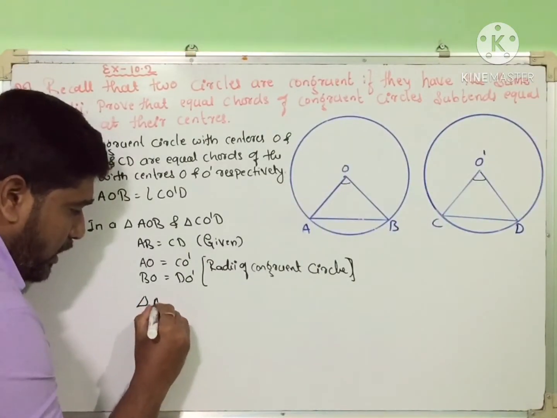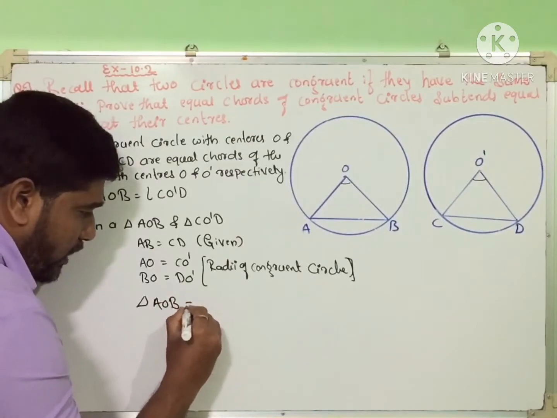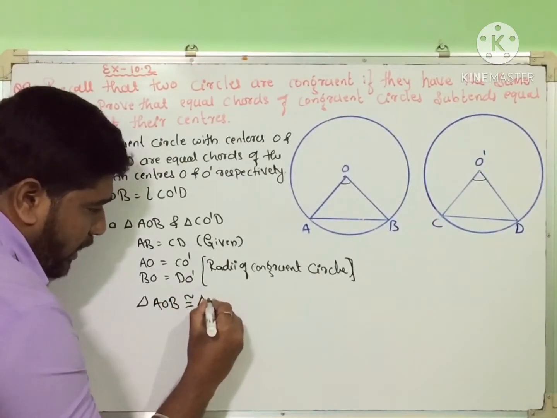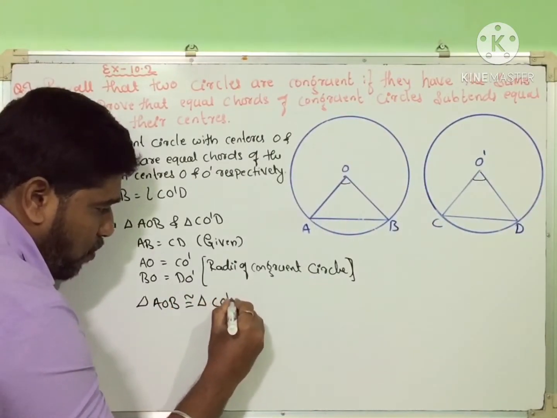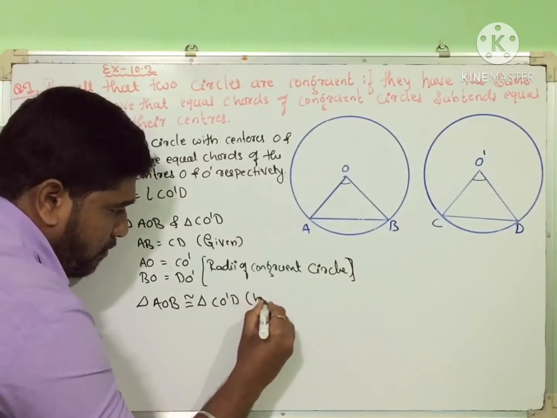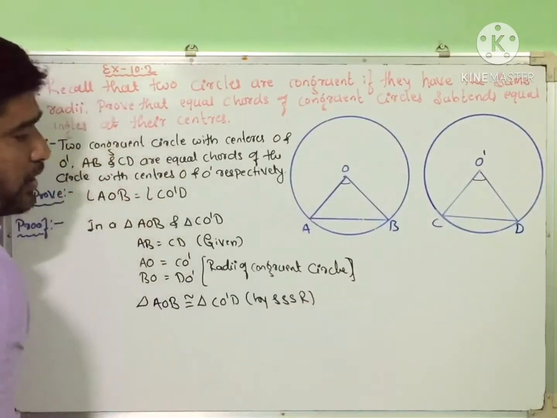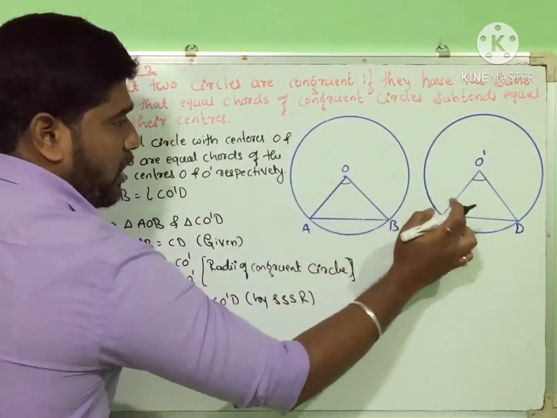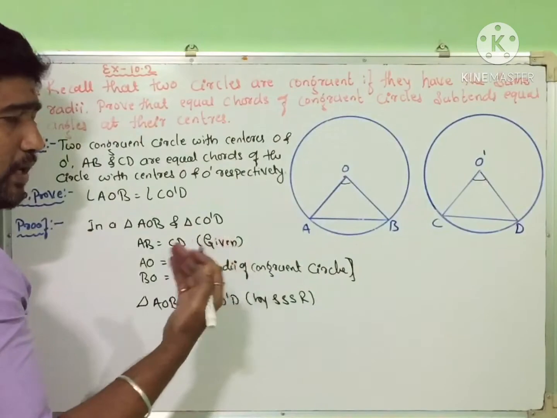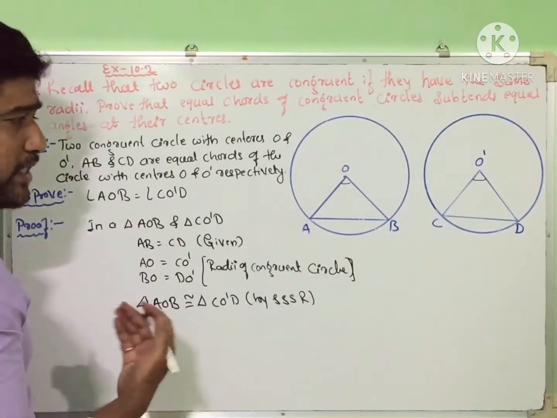The triangle AOB is congruent to the triangle CO dash D by SSS rule. So now these two triangles are congruent to each other. It means their corresponding parts are equal by CPCT.